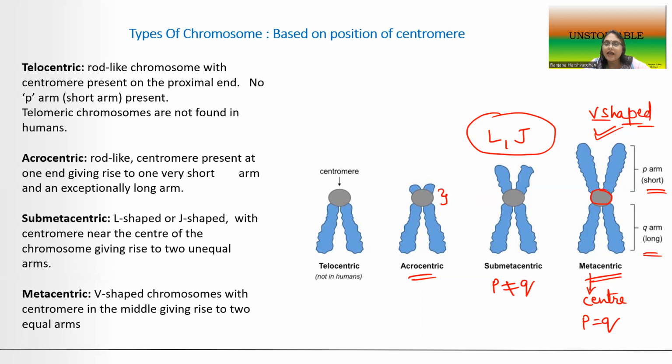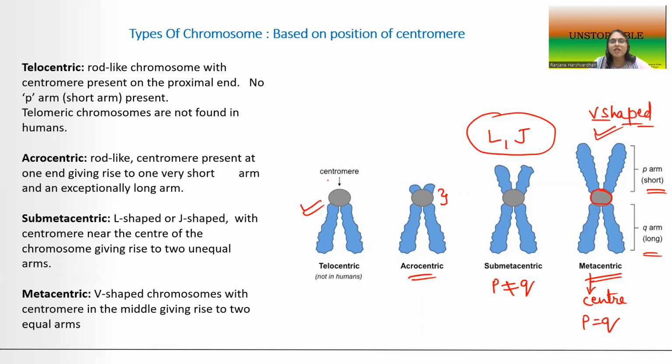Telocentric chromosomes are also not found in our body, in which there is hardly any P arm left, because the centromere has moved completely towards one end of the chromosome. When the centromere is placed like that, it is called a telocentric chromosome. We do not find this in human beings.